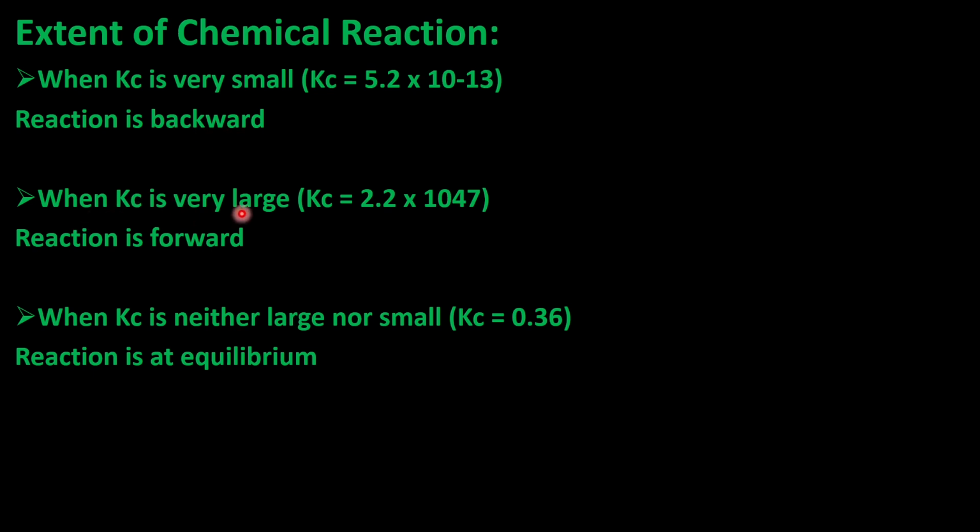When Kc is very large, for example 2.2 into 10 raised to the power 47, this is not 1047, but 10 raised to the power 47. So when Kc is very large, the reaction is a forward reaction. And when Kc is neither large nor small, it means the reaction is at equilibrium.